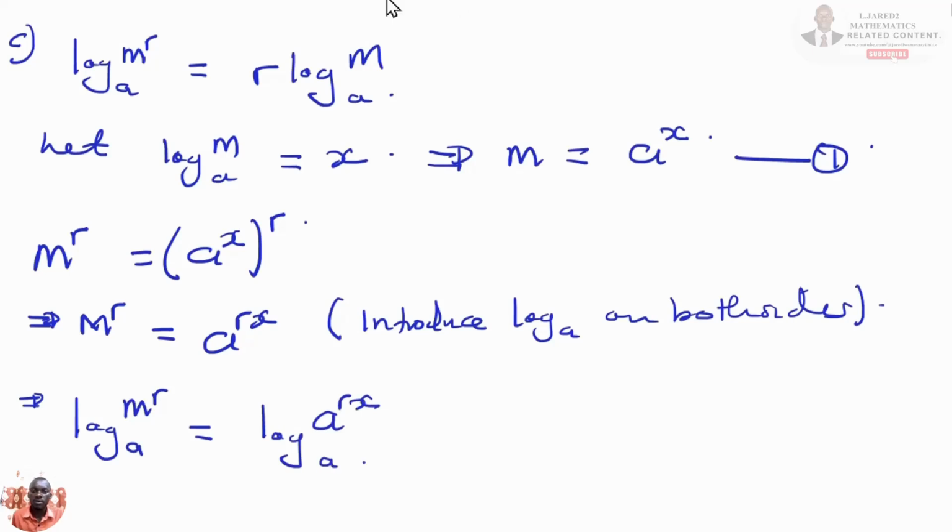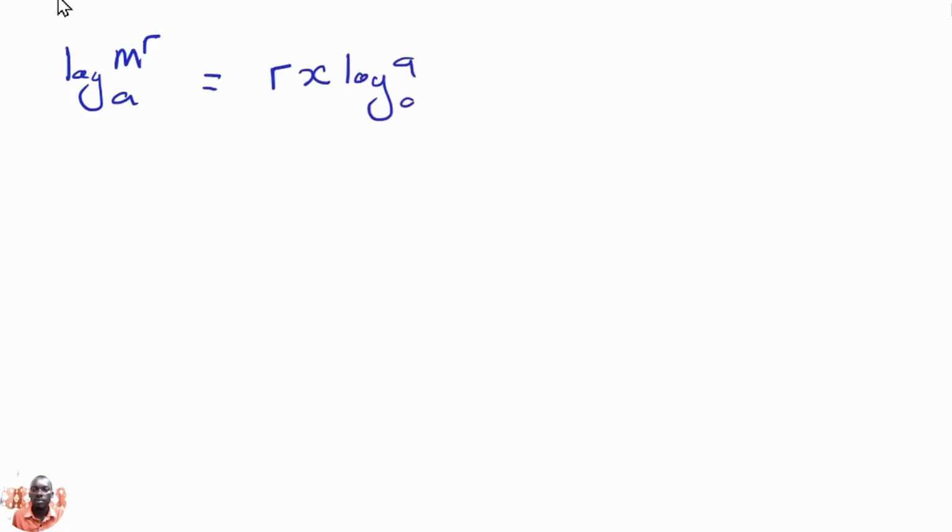As for the rules of logarithms, this power is going to drop this side. Besides that, we have the log of m raised to power r base a equal to rx multiplied by log of a base a.